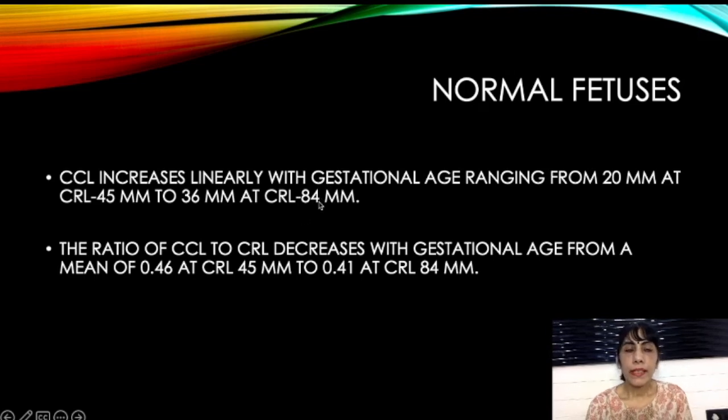And the ratio of crown chin length to crown rump length decreases with gestational age, from a mean of 0.46 at CRL 45 millimeter to 0.41 at CRL 84 millimeter. So the ratio goes on decreasing with gestational age between 11 to 14 weeks, starting around 0.46 and towards the final 13 or 14 weeks being around 0.41.